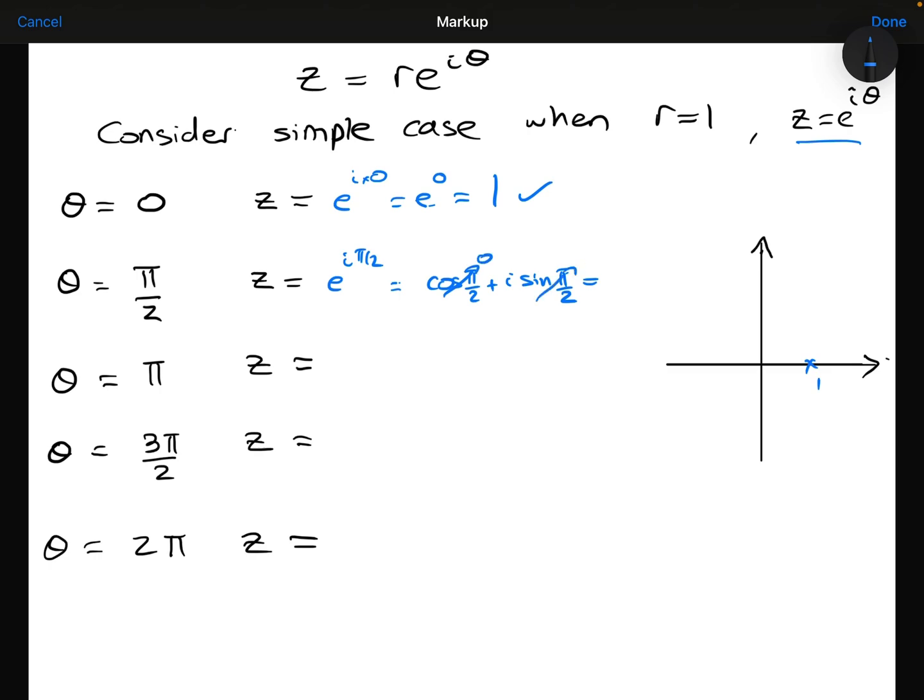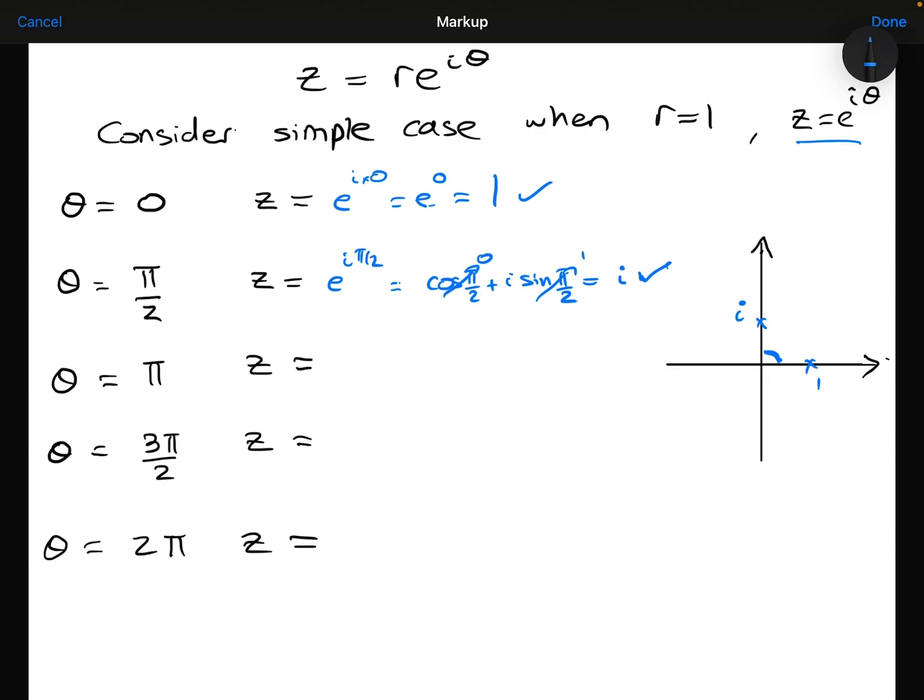Sine pi over 2 is 1. So I just get i times 1, which is i, which again should make sense. If the argument is pi over 2 and the modulus is 1, then we get the number i. Makes sense.